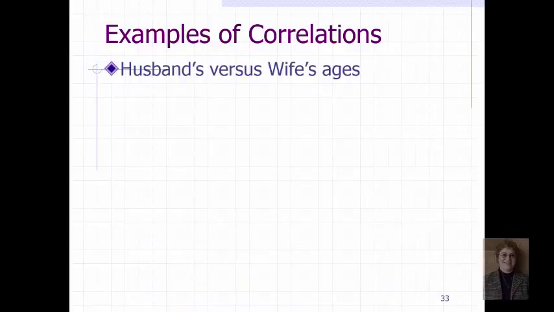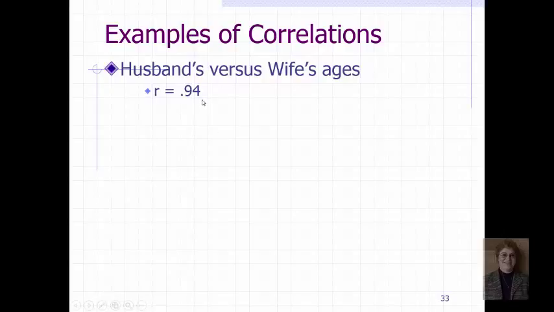Some more examples. A husband's versus a wife's age. Usually as you have older husbands, you have older wives. And that correlation coefficient would be 0.94.